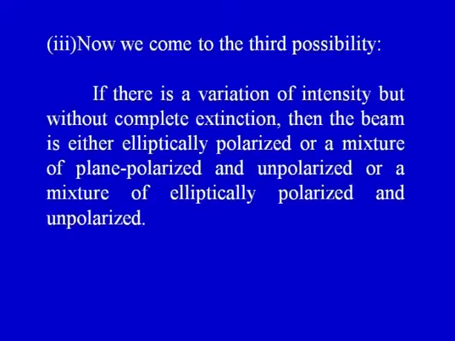Now, we come to the third possibility. If there is a variation of intensity, but without complete extinction, the incident beam could be either elliptically polarized, giving the same variation, or a mixture of plane polarized and unpolarized, or a mixture of elliptically polarized and unpolarized. So, here again, the quarter wave plate is a very useful piece.